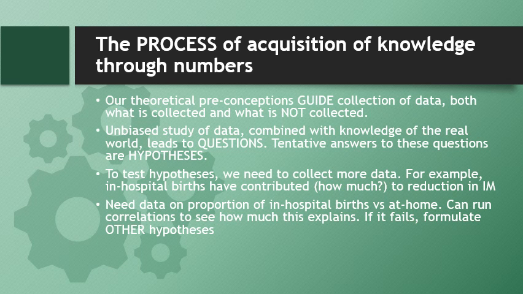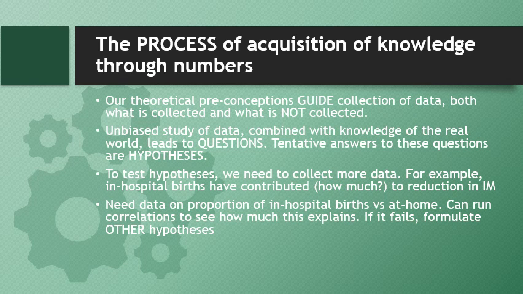And then we formulate tentative hypotheses. For example, we thought that maybe in-hospital births is one of the reasons for the decline in infant mortality. So in order to test this hypothesis, we need to collect more data. We need to go out and see how many in-hospital births there have been. If the in-hospital births have increased at about the same rate that we see that the infant mortality has gone down, then we can say that, okay, we've got the answer.